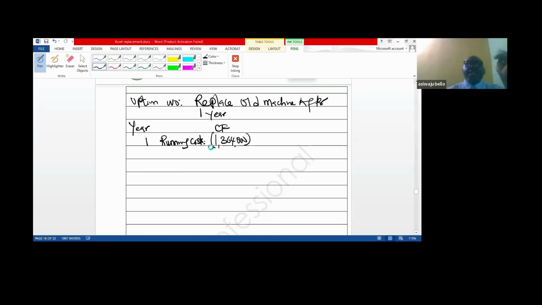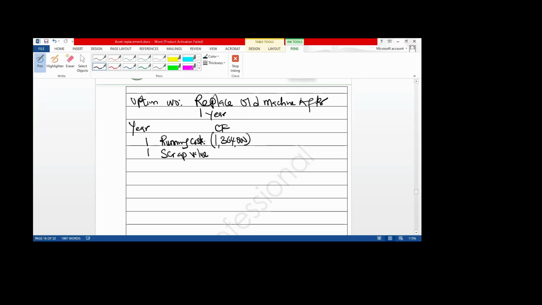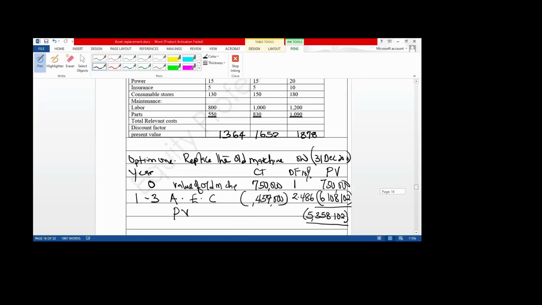After year 1, we are going to sell the old assets. What is the scrap value after year 1? 500,000 naira. Thank you.